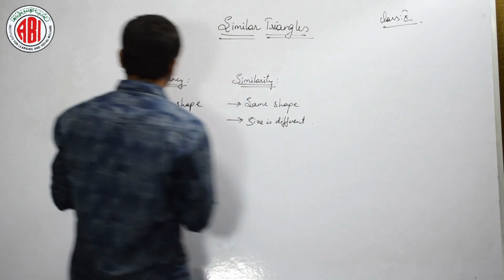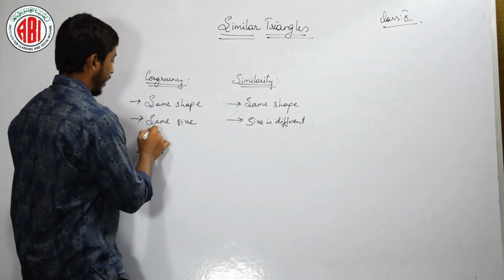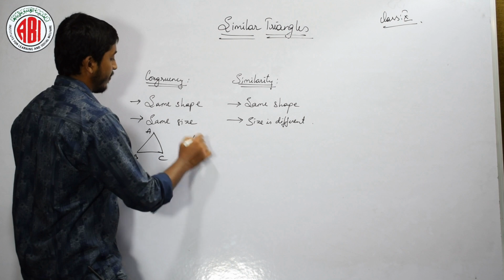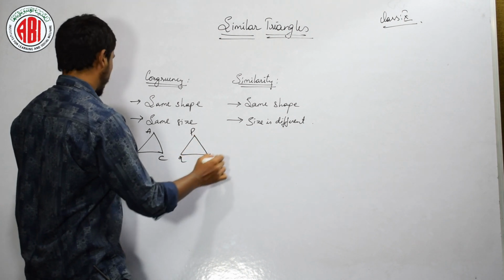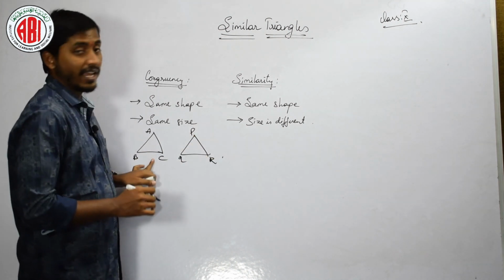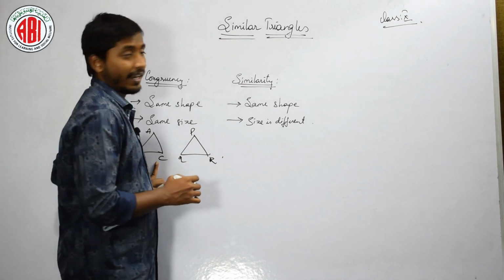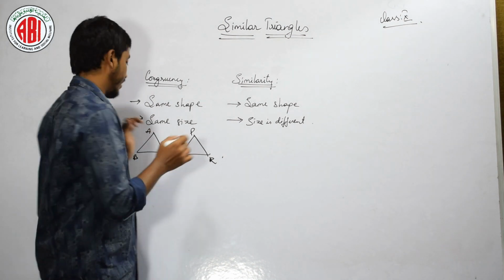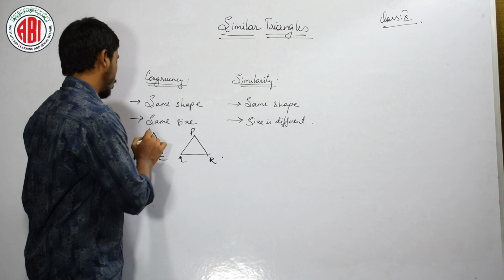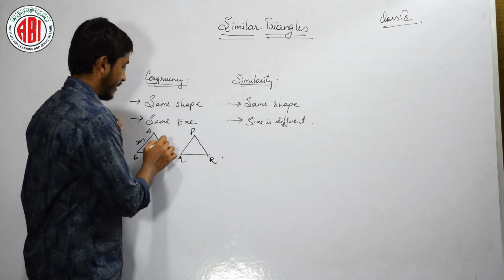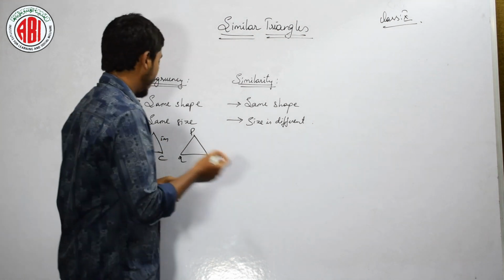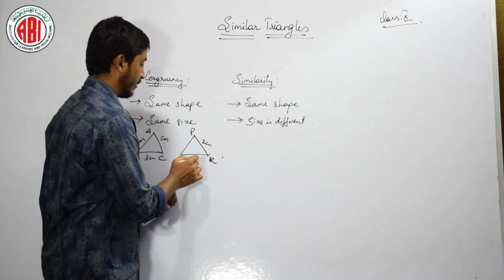For example, let us take two triangles, ABC and PQR. This triangle has three sides and this also has three sides, say 2 centimeter, 3 centimeter, 5 centimeter. Let us write in a random way.